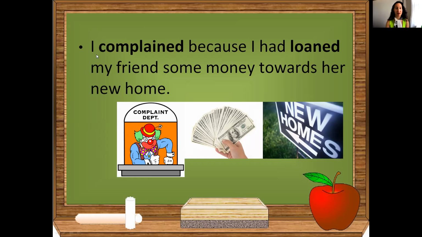Okay, now repeat after me. I complained because I had loaned my friend some money towards her new home. Now get ready, we're gonna say it even faster. Repeat after me. I complained because I had loaned my friend some money towards her new home.